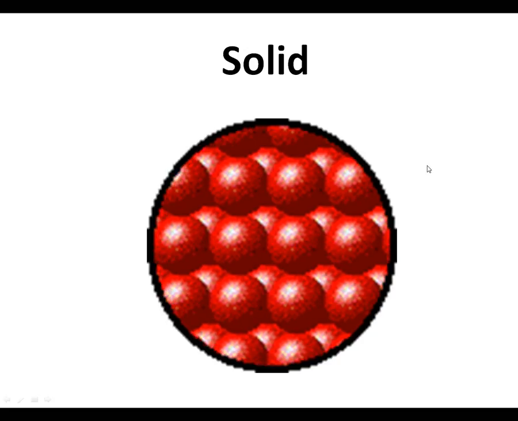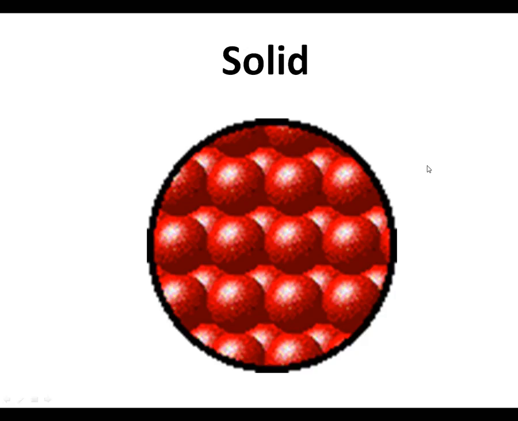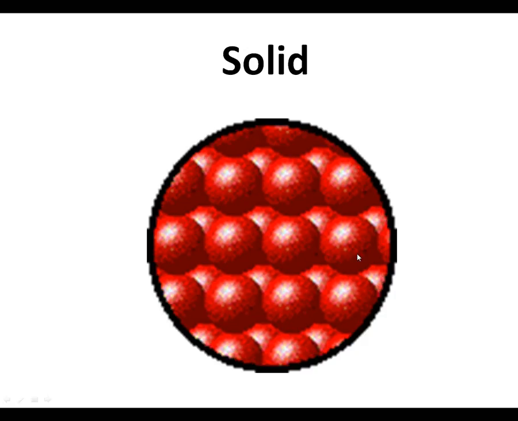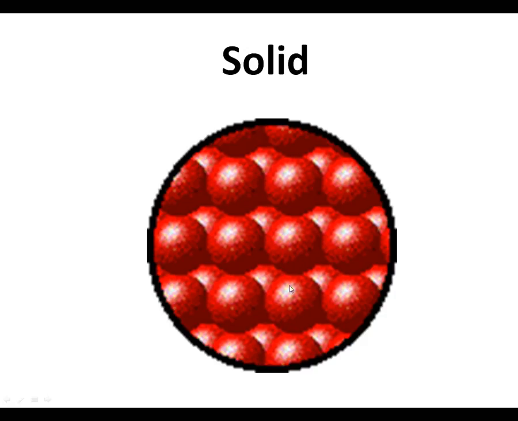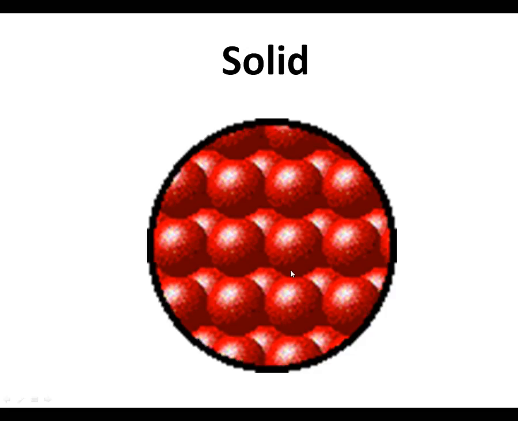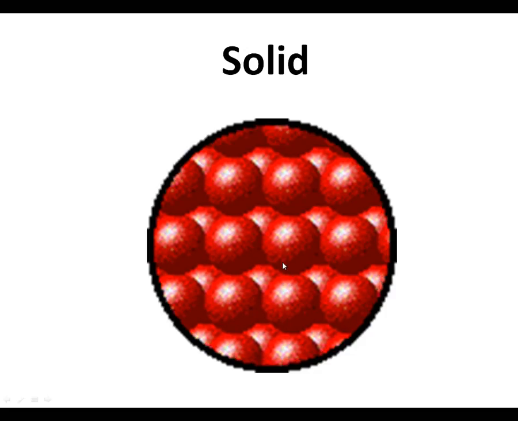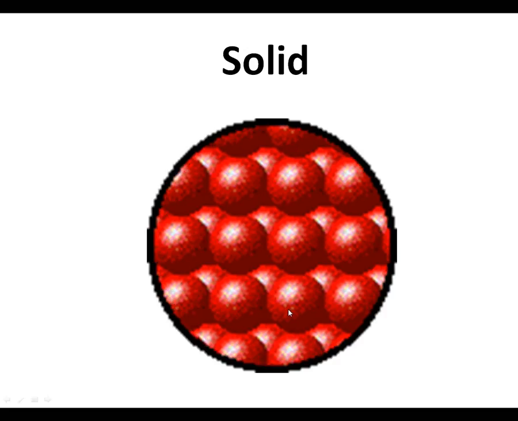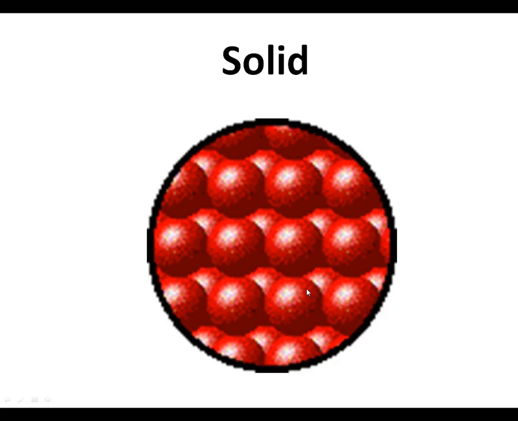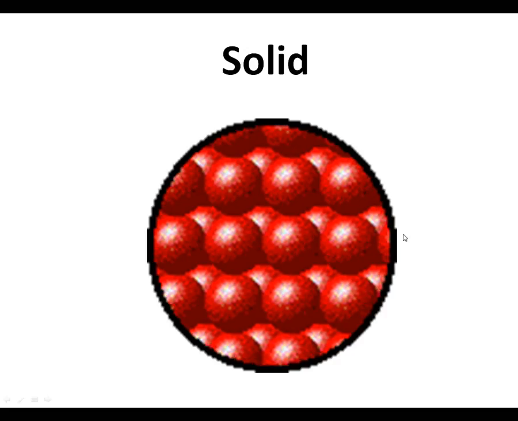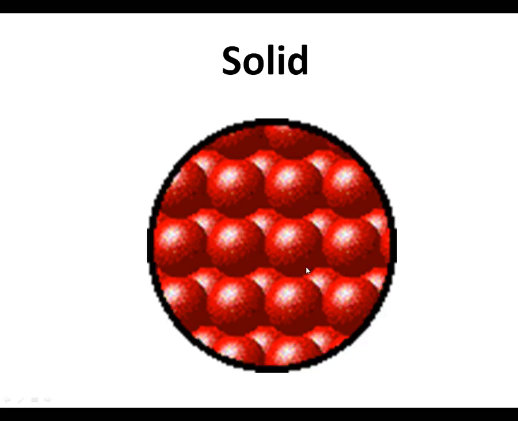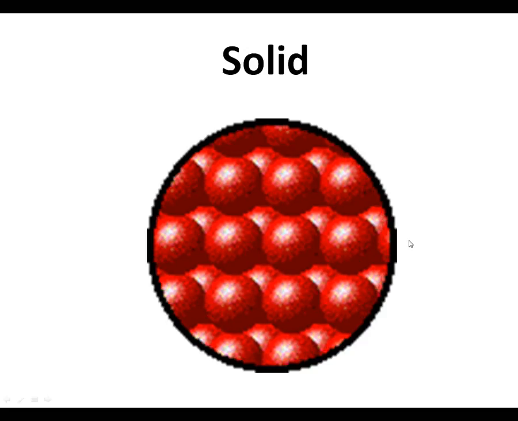As we heat them up, the molecules will all start to vibrate more quickly. But the intermolecular bond, or force of attraction, is strong enough to hold the molecules in a regular pattern. The force of attraction between this molecule and its neighbouring molecules is strong enough to hold them in a fixed pattern, and that's a solid.